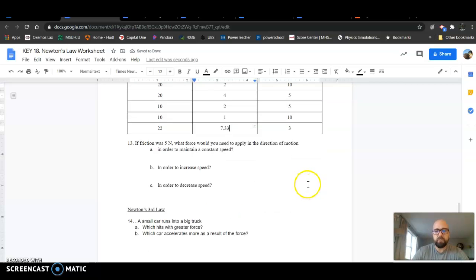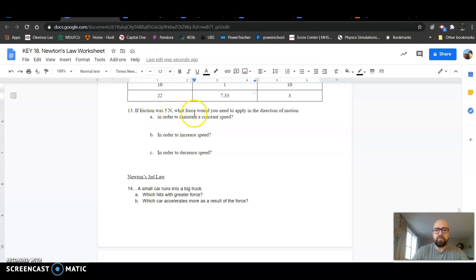13 was a little tricky for some people. So if I've got this friction of 5 newtons and a constant speed, that would mean that this object would have to already be moving. And if friction is 5 newtons and constant speed means no acceleration, I've got to have a net force of 0.